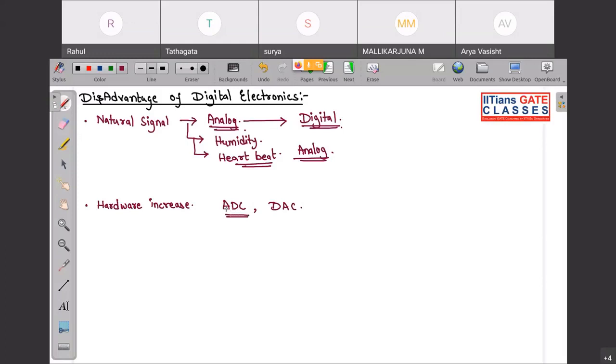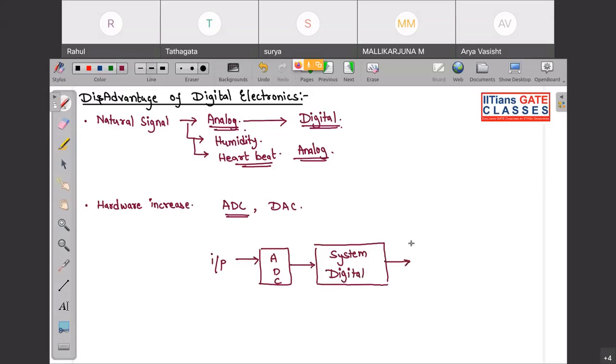For getting digital input we require an ADC. So if I draw a block diagram, any natural signal given as input first has to pass through an ADC, then through a digital system, and after the process is complete it passes through a DAC, a digital to analog converter, and then we get the output. So hardware increases, and due to the increase in hardware, complexity also increases.